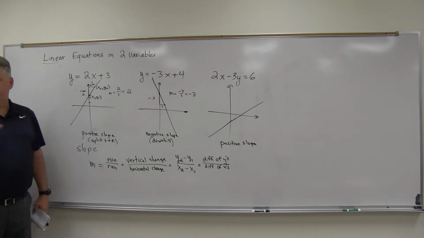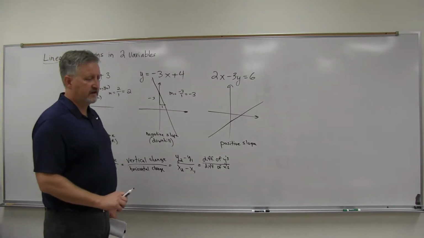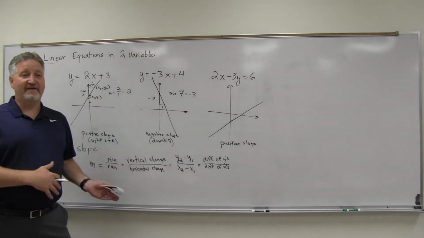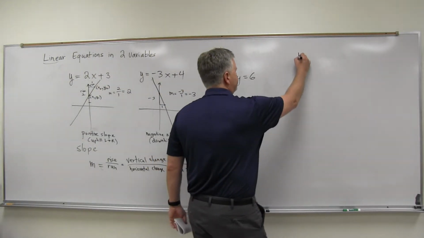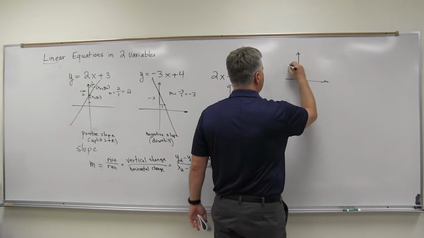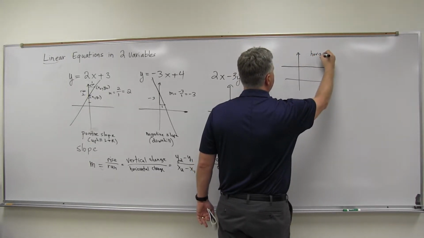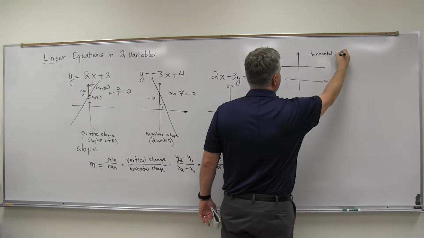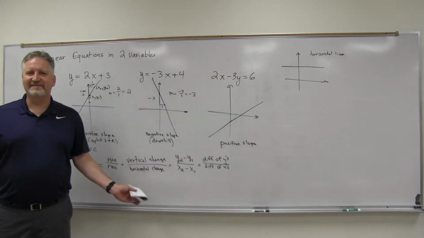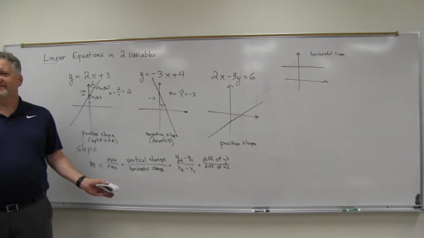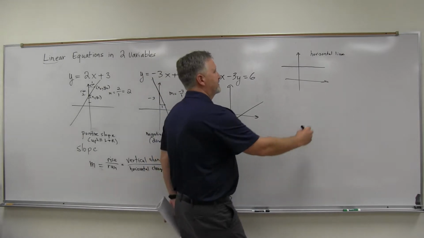Now there are two other possibilities as far as positive and negative. Sometimes you don't have positive, nor do you have negative. For example, if you have a horizontal line, well, it's not going uphill, it's not going downhill either. Zero slope.